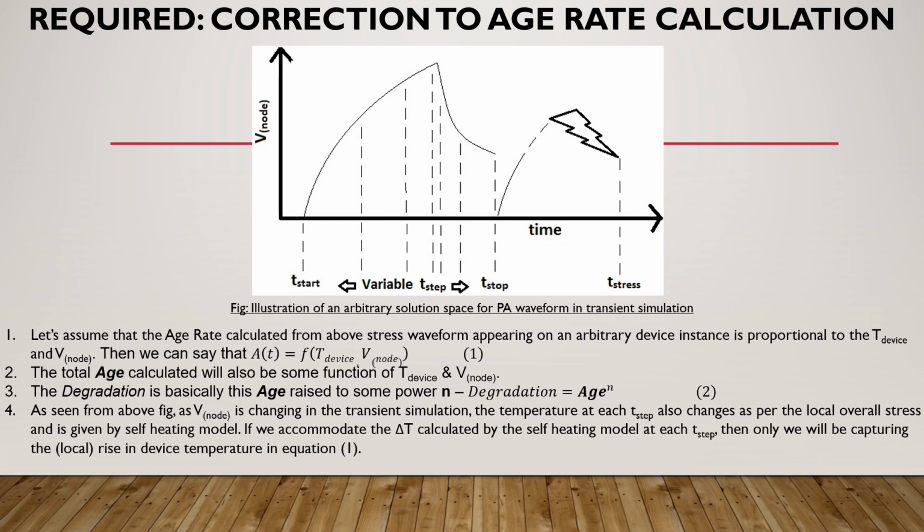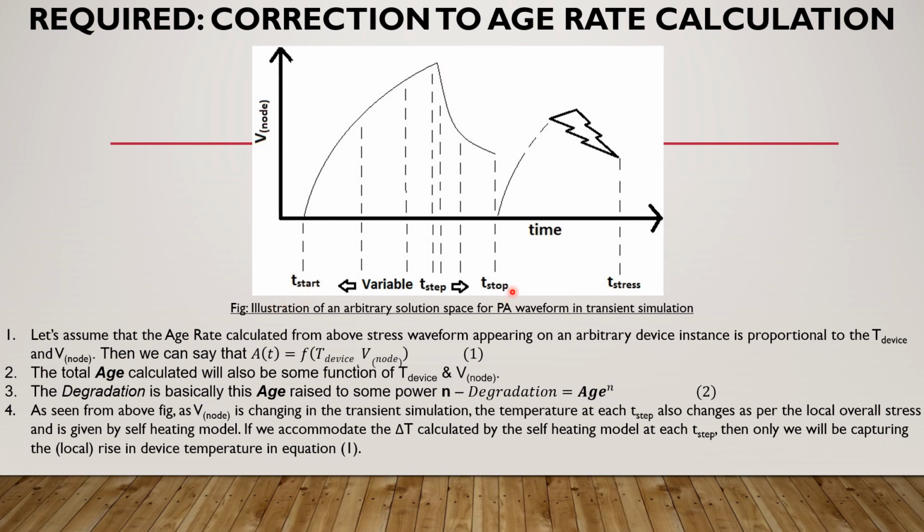However, one of the ways to correct even for that kind of step variation that I explained earlier is as follows. Let's say you have any V node which is contributing to the self-heating, varying like this for a power amplifier kind of simulation.